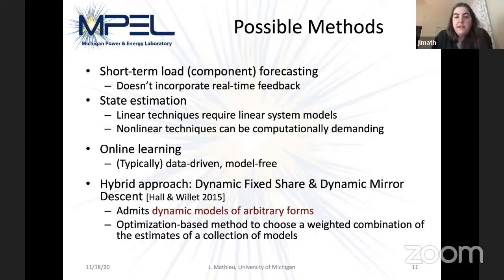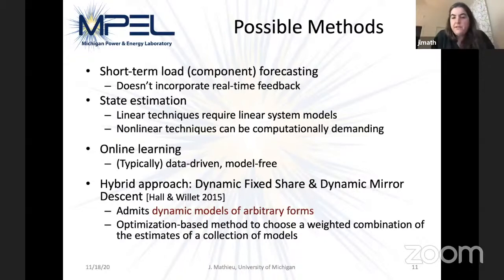You can also use online learning. It's typically data-driven, model-free, although there are now a lot of folks working on combining online learning with dynamical system models, and that can help you leverage information you might have about your system and make decisions that are more intuitive because they're based on models. So we're taking a hybrid approach in this paper where we use an online learning algorithm.